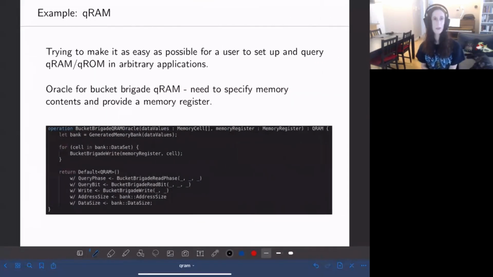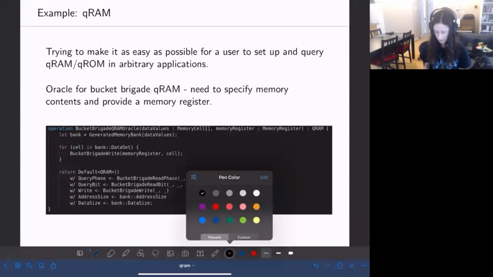Here are just a few examples of what the library looks like now. It's very much still under development, but our goal is to make it very easy for somebody working on a quantum algorithm to bring in a qRAM and query it with minimal overhead, so really just treat it as a black box.